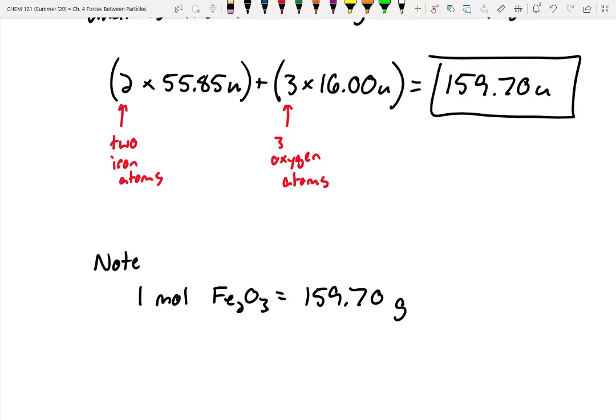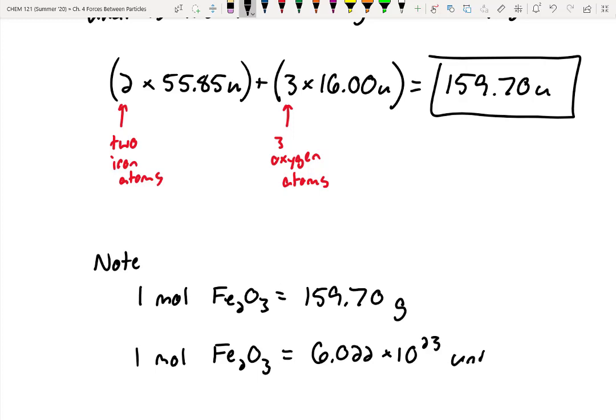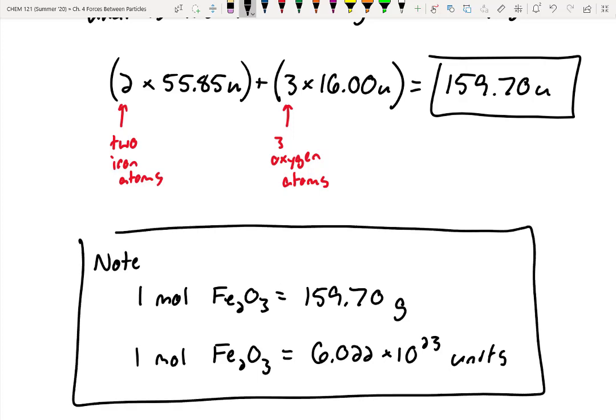Another one that's pretty helpful too, just before we continue on, is we know that 1 mole of iron oxide is going to be equal to 6.022 times 10 to the 23rd units. So we could say that there's that many units within 1 mole. Both of these are useful conversions. I just figured it'd be good to review these before we continue on.